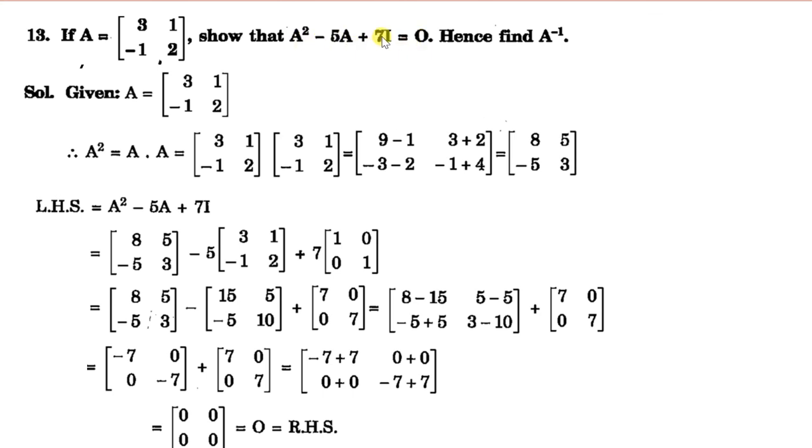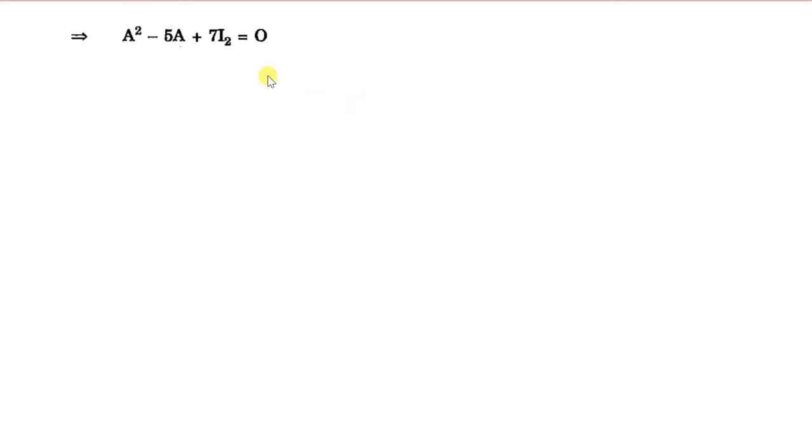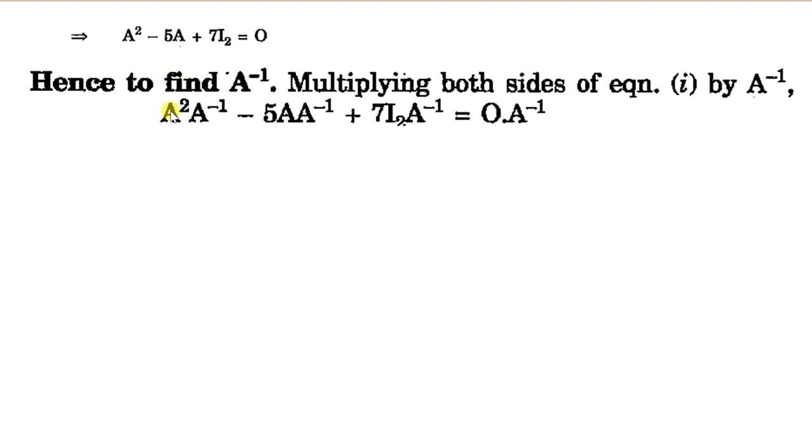Now how to find A inverse using this? For that, you multiply this equation by A inverse, all the terms by A inverse. So you get A square A inverse minus 5A A inverse plus 7 I2 A inverse equal to O A inverse.